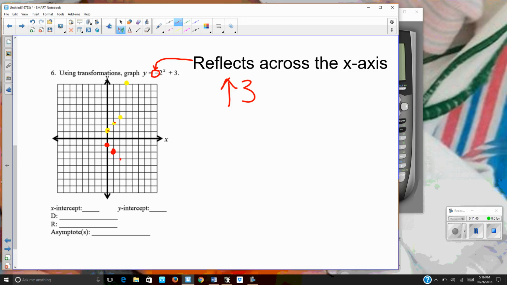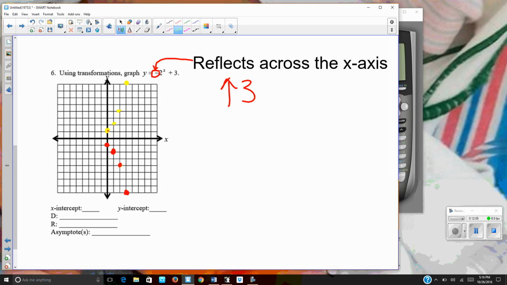So the third point is 3 points below. Actually, I think I have that one off a little bit. That one should be at (2, 4), which means the reflection would be at (2, -4). And this last point will be way down here.